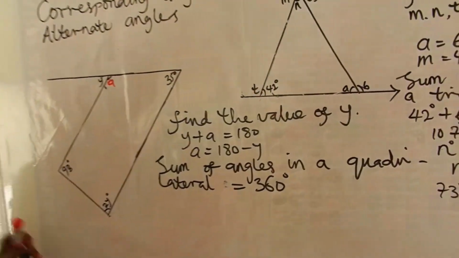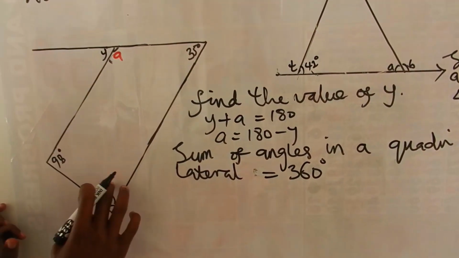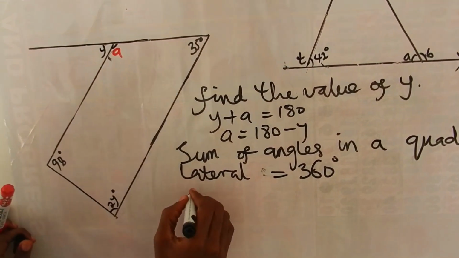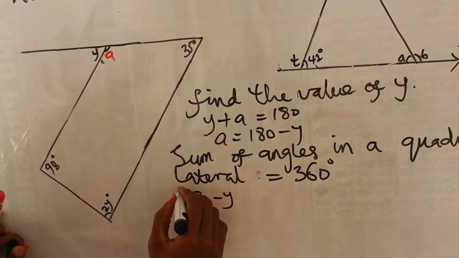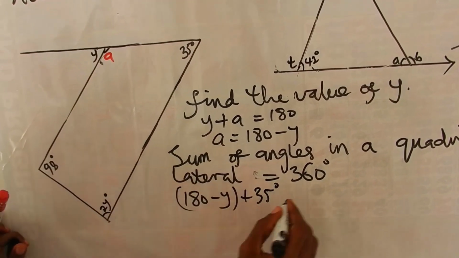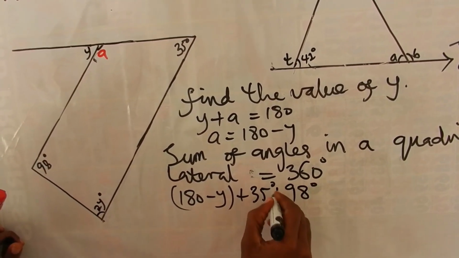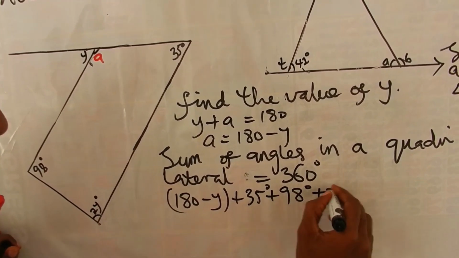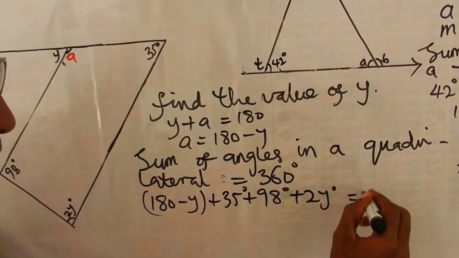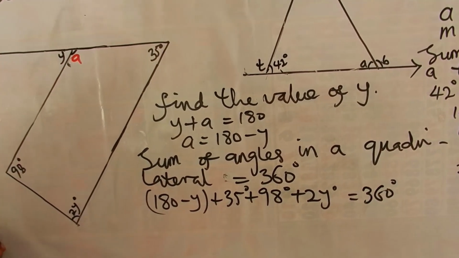Now I add all this up to 360 degrees. So here is 180 minus y plus 35 degrees plus 98 degrees plus 2y degrees equals 360 degrees. Sum of angles in a quadrilateral.